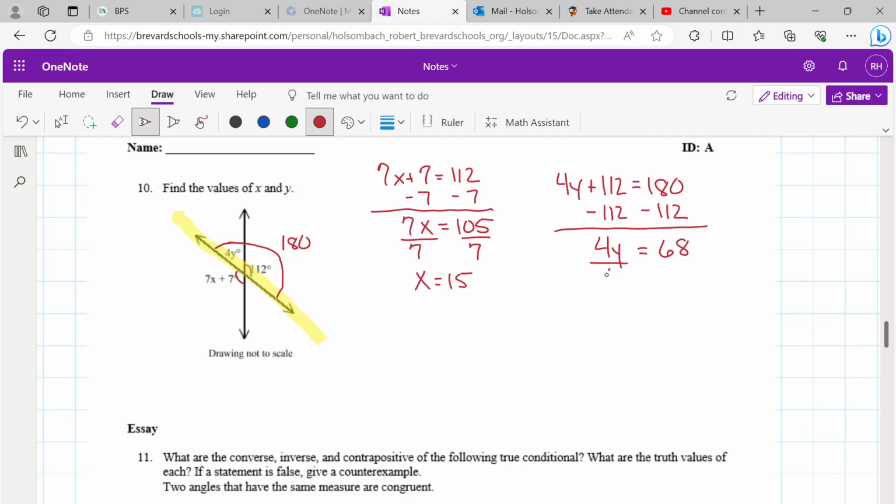And then divide each side by 4. And y is equal to 17. So here's our x, here's our y.